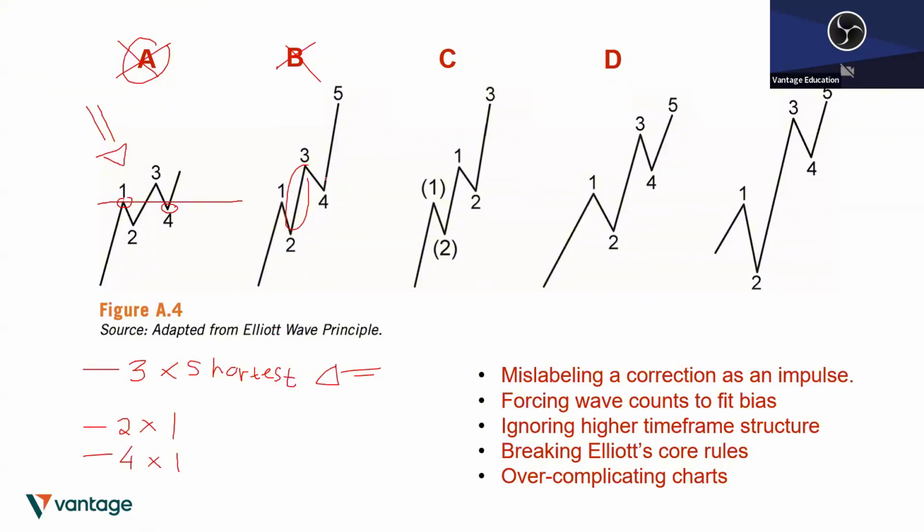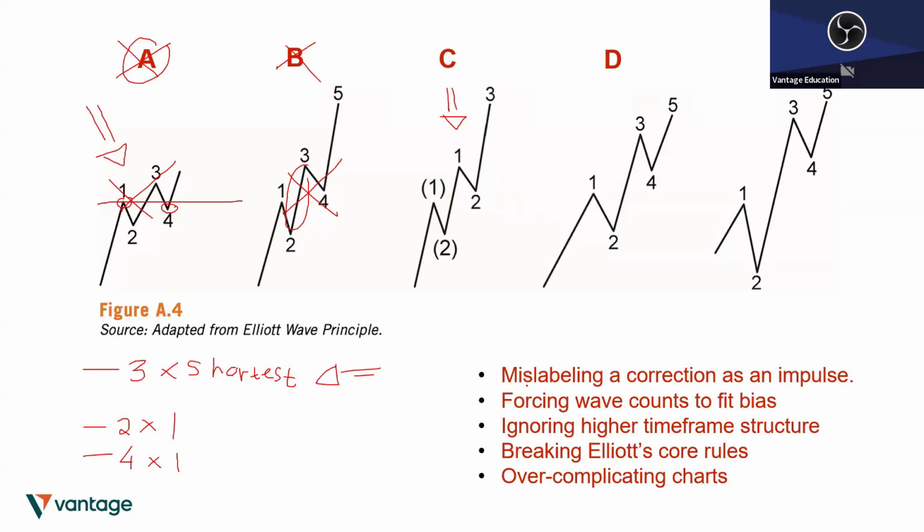This is very, very important in Elliott wave because if you are on the wrong wave count, that means your analysis is gonna be wrong and that means you're gonna be losing money. So you need to be able to identify correct wave counts. Okay, C. Do you guys think that this is a correct wave count? Okay, thank you so much. Yes. Okay, first of all, it has been mislabeled.